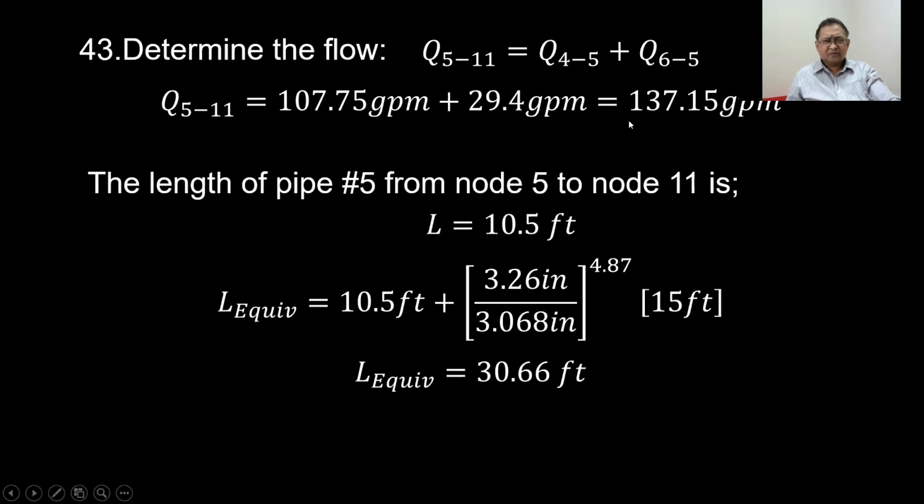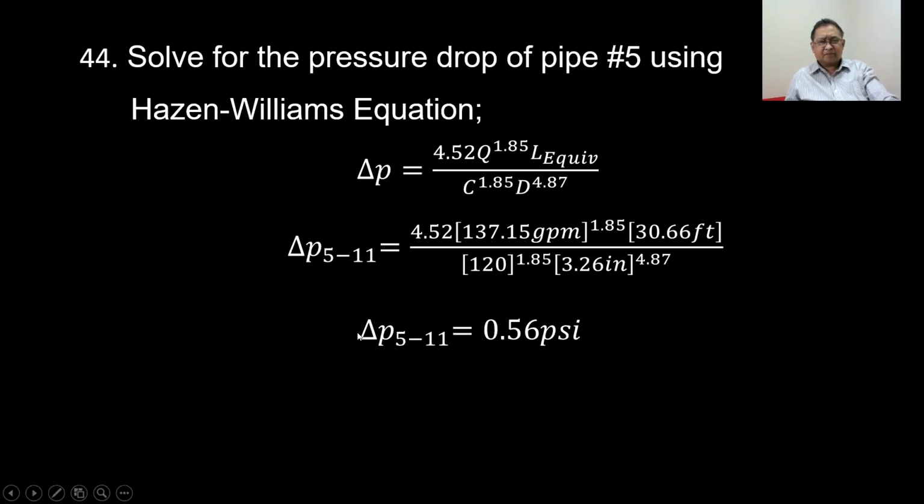The total flow for pipe junction 5 to 11 will be 137.15 GPM, and the length of pipe from node 5 to node 11 is 10.5, and using the equivalent length modifier, the equivalent length is 30.66 feet for the 3-inch pipe, and the pressure drop can now be calculated, and it will be 0.56 psi.